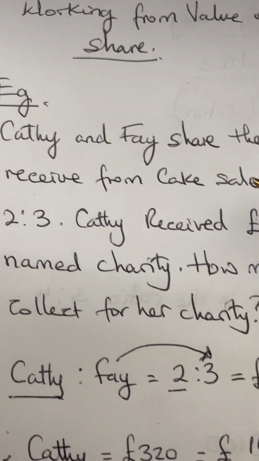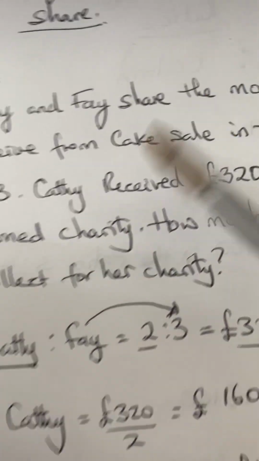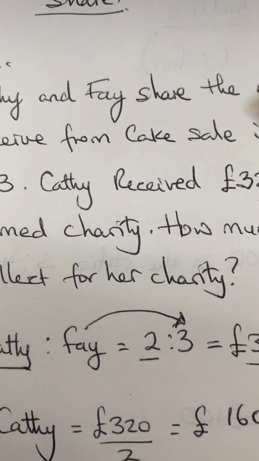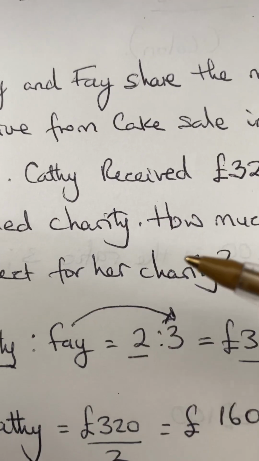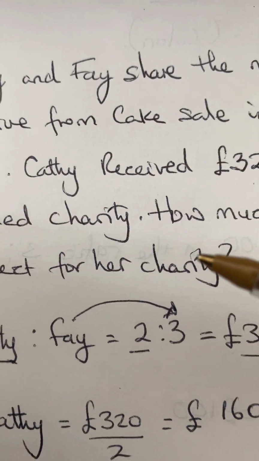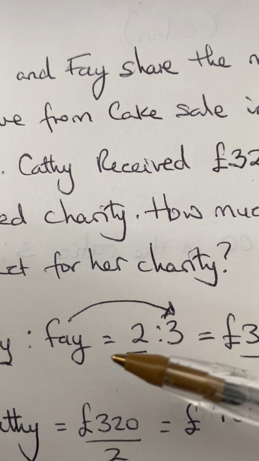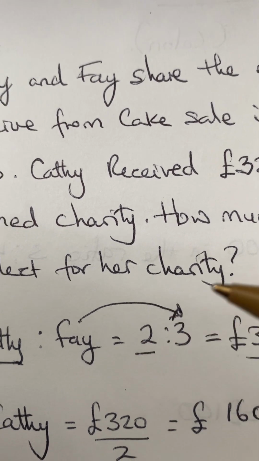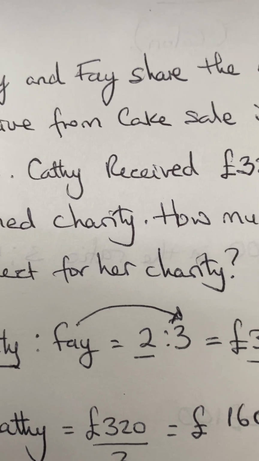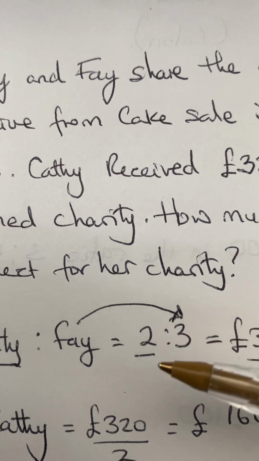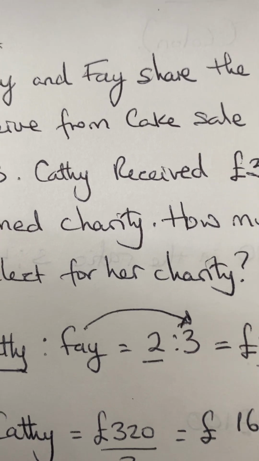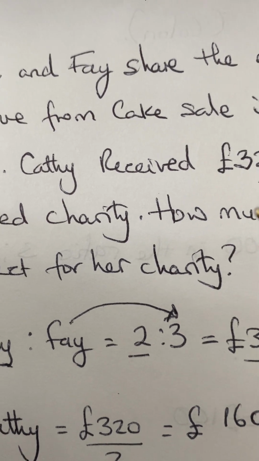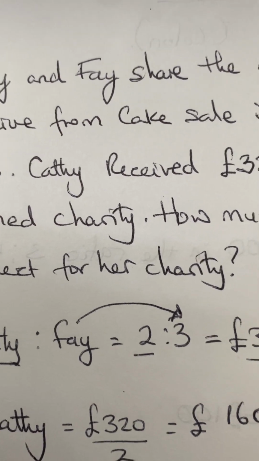Now, you are not told the total amount. You are told what somebody got, and then you are told the ratio in which the amount is divided. So now you are asked to find what the second person or the third person will get.